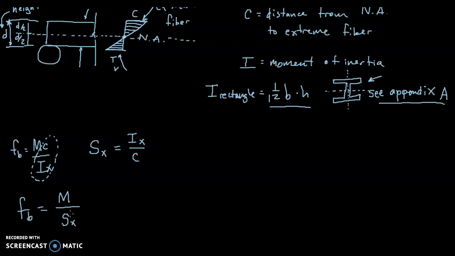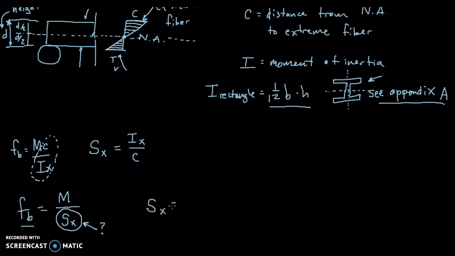S sub x. Now, as design engineers, we typically are given some allowable stress, and what we want to know is how big does the beam need to be in order that that allowable stress is not exceeded. So we just want to rearrange this equation for the section modulus.